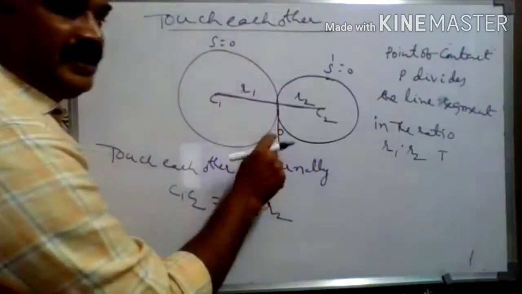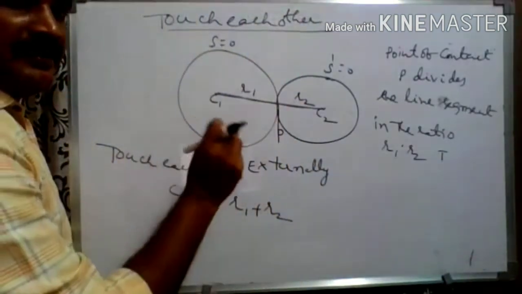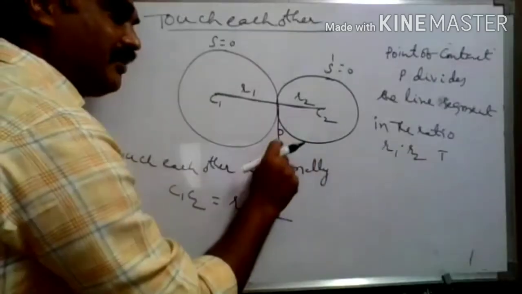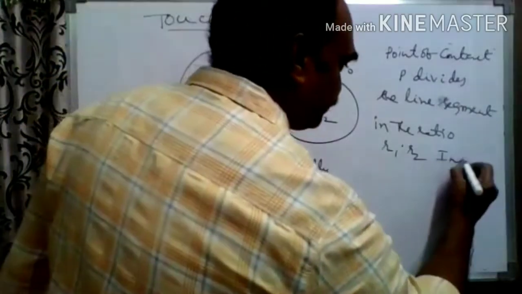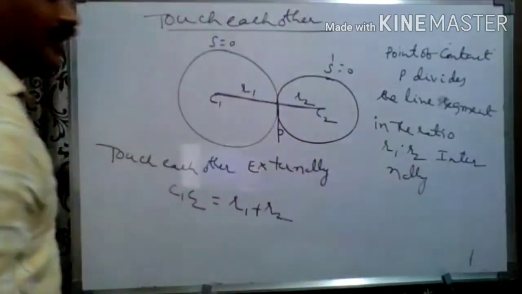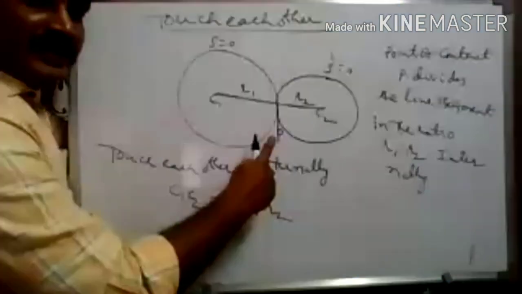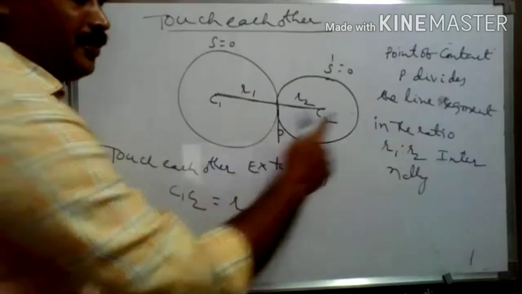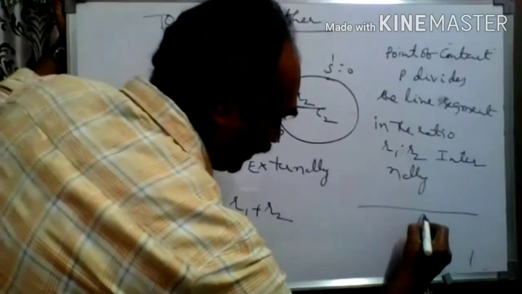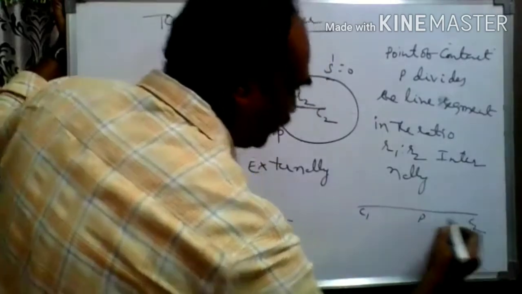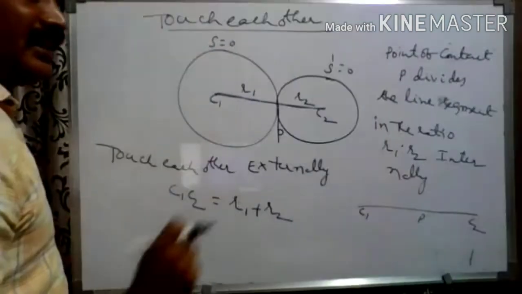This is R1, this is R2. Point P divides C1C2 in the ratio R1 is to R2 internally. Suppose we calculate the point of contact.